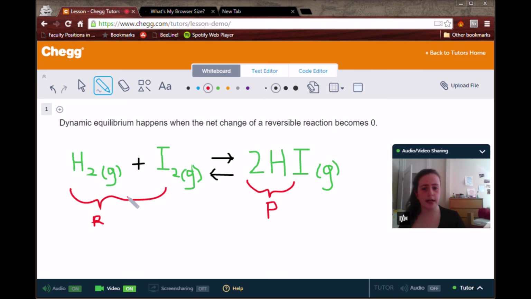So in either case, what ends up happening is it reaches balance again. But the rate of the reaction, once the amount of each of the three things has been changed, won't be the same as it was before. But it will reach a net rate of zero eventually. And that's what dynamic equilibrium is.